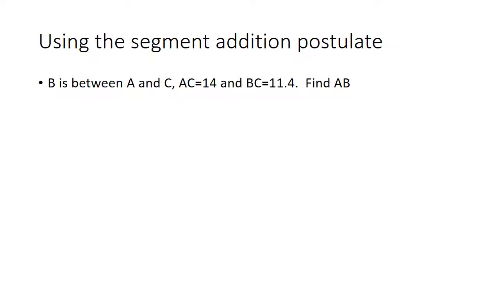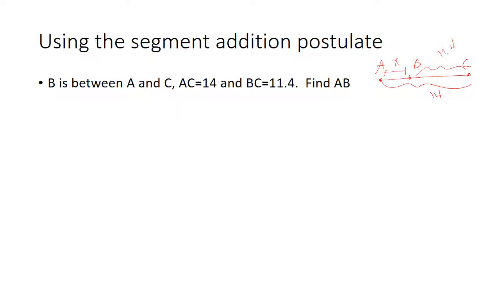So let's say that B is between A and C. I'm just going to sketch out a little example here. Let's call this A, B, and C. We know that AC is 14, so this is 14, and BC is 11.4, so we know this is 11.4, and we want to find this part right here.